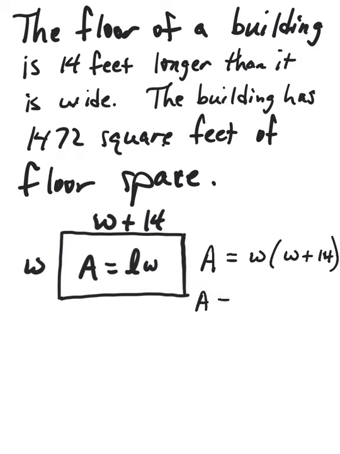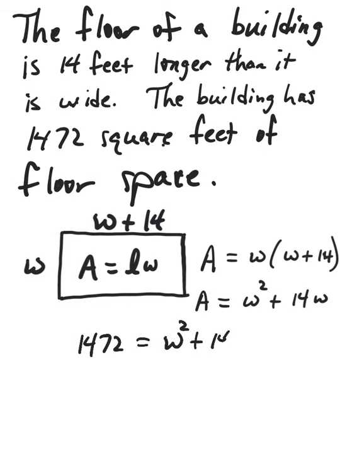So area is going to be W squared plus 14W when you distribute. The area of the floor space is given as 1472, and we can set that equal to W squared plus 14W. Setting all your terms on one side.